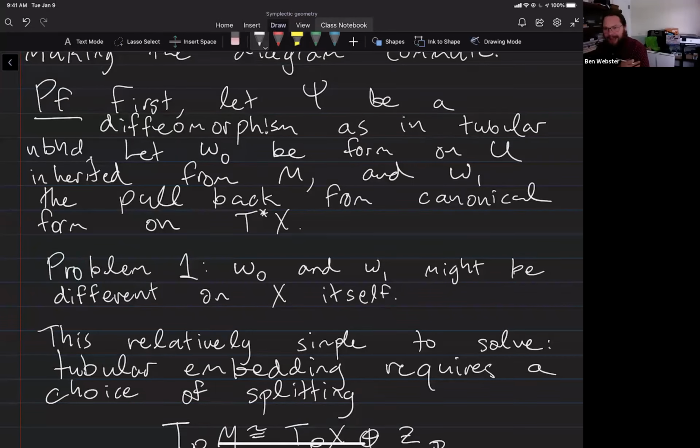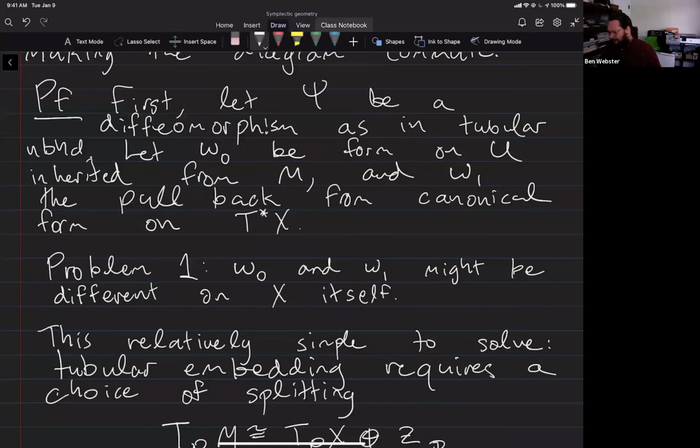Well, I can construct a flow which gets them closer and closer to matching, and eventually I'll get the symplectomorphism that I want by using this Moser trick to construct a vector field and then integrating that to get my symplectomorphism. And eventually we'll do that, but you have to be more careful.